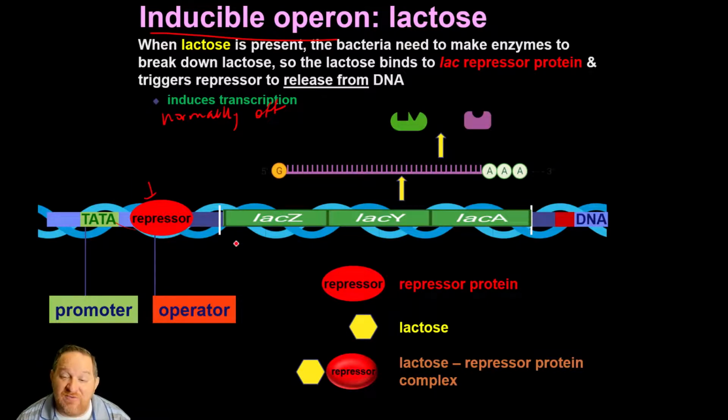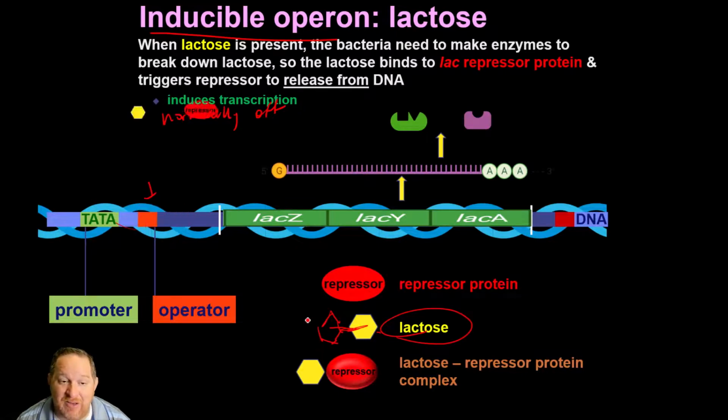However, if the bacteria has taken some lactose, and this is just a symbol. We know lactose is actually a disaccharide, so there could be another little sugar on there. But for simplicity, I'm just showing it as one here. So when lactose is present, it actually goes and binds to the repressor protein. There it goes, binding.